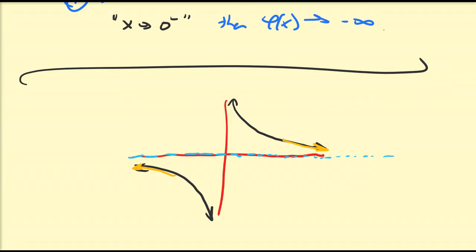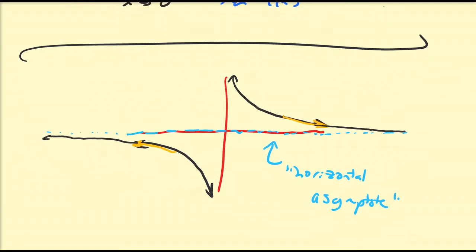So if we sort of extend this axis outward and extrapolate our curve outward, this curve is going to get really, really close to this line, but it's never actually going to touch it. So we usually refer to this line as a horizontal asymptote.